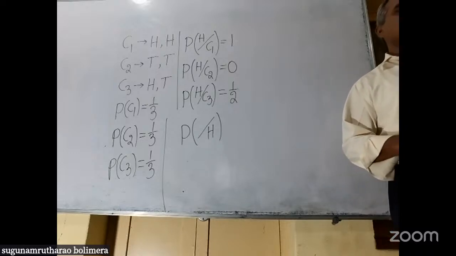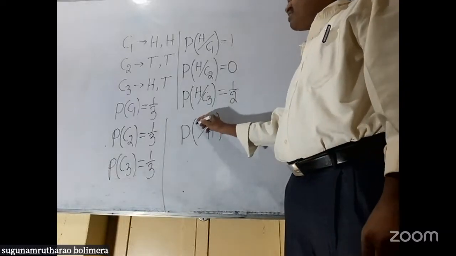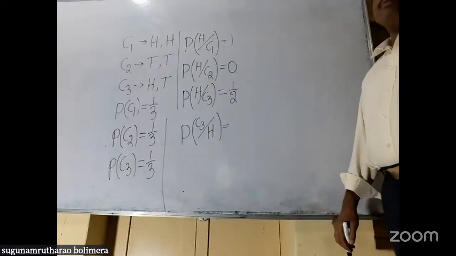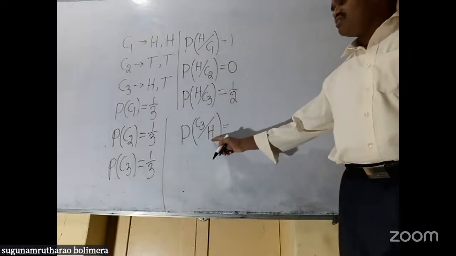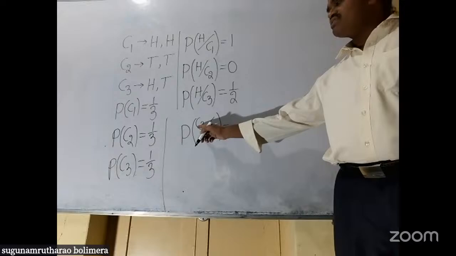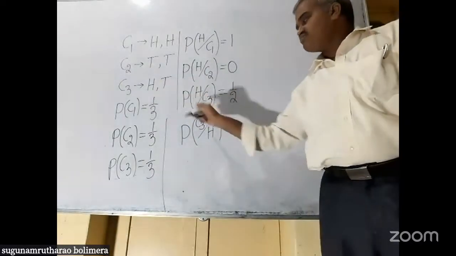Am I right or not? That tossed coin must be C3. Any doubt? You have tossed the coin, you have got head, and the other side is tail only in C3. So it will be C3.